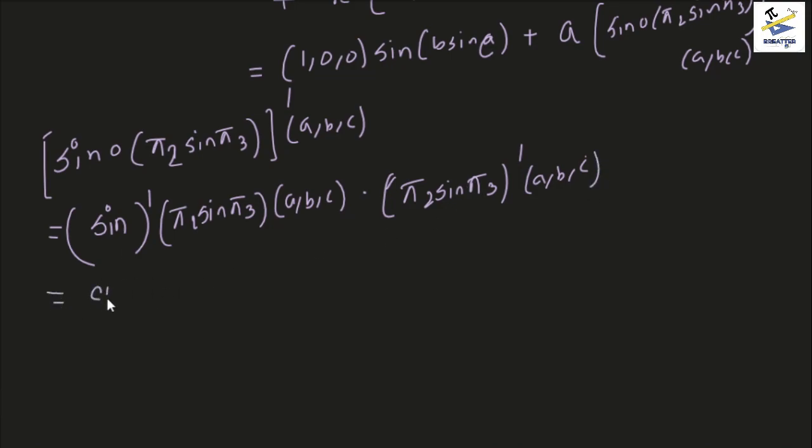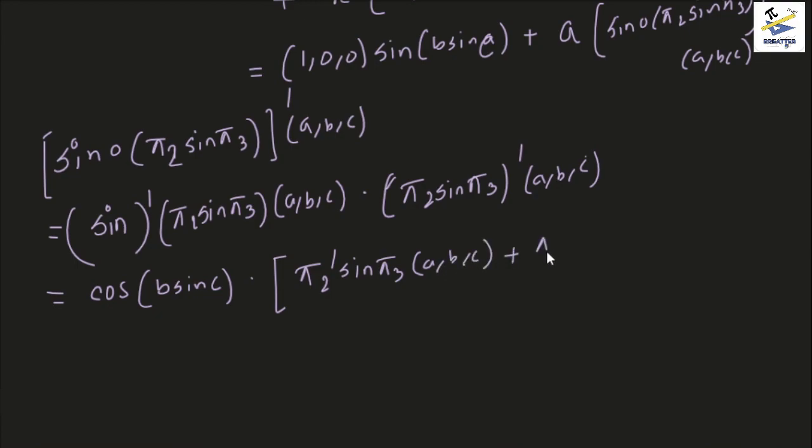Now this is basically cosine of b sine c multiplied by, now pi 2 sine pi 3 would be just pi 2 prime into sine pi 3 at the point ABC plus pi 2 into cosine of pi 3 into pi 3 prime at the point ABC.